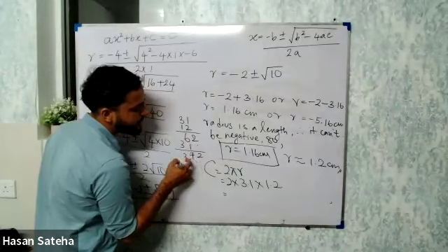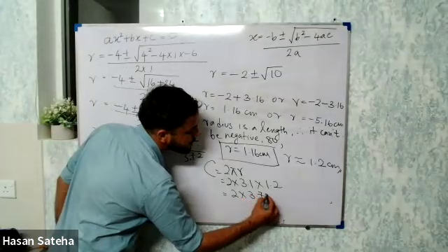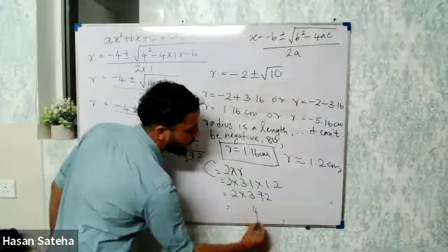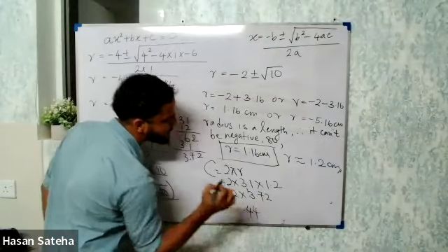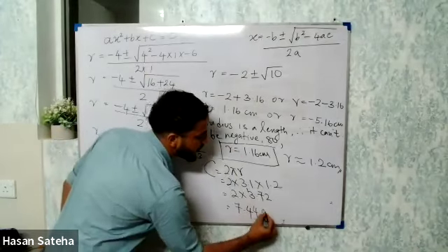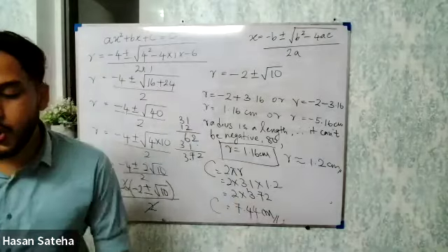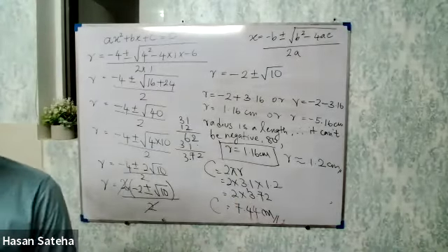Place the decimal point: 3.72. Now multiply this by 2 here. 2 into 2 is 4. 2 into 7, 14. 1 balance, place decimal point. 2 into 3 is 6 plus 1, 7. So your circumference is equal to 7.44 centimeters. That is your circumference.